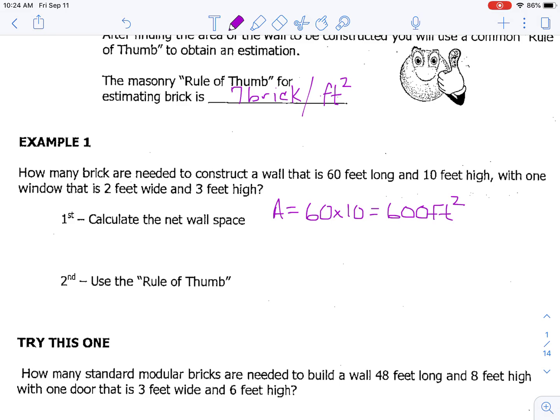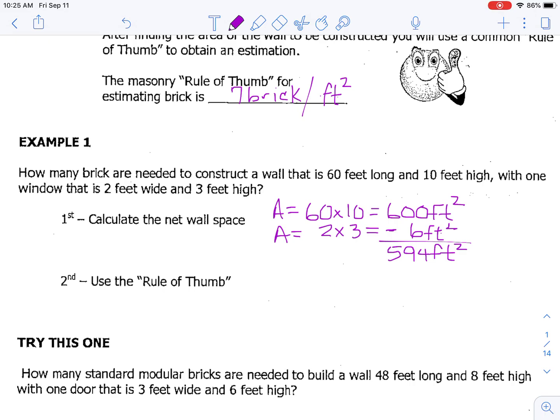And then our opening, our window, is 2 by 3, so that would be 6 square feet. To do the net wall space, we subtract those. So 600 minus 6 is 594 feet squared. That is the net wall space.